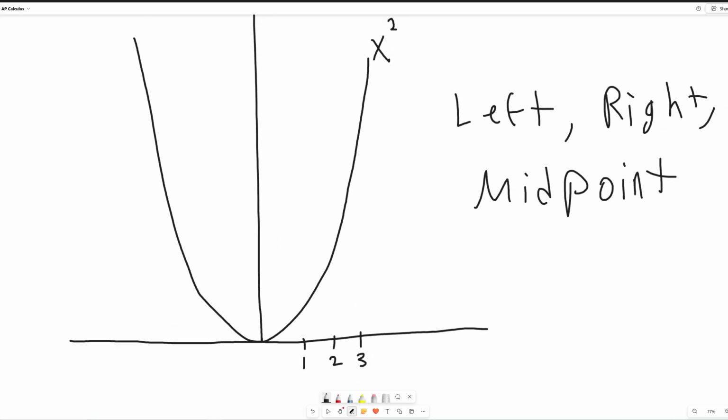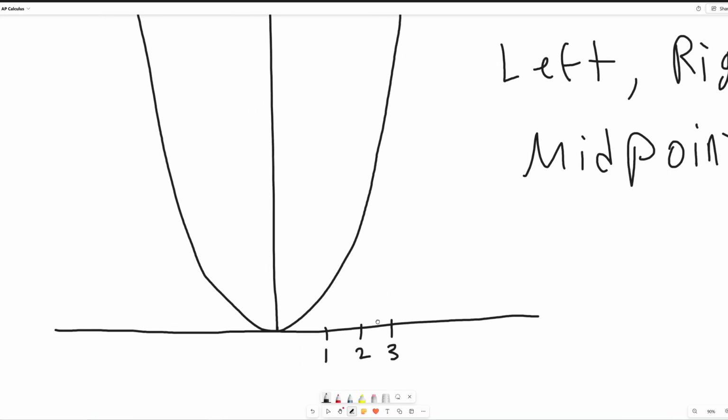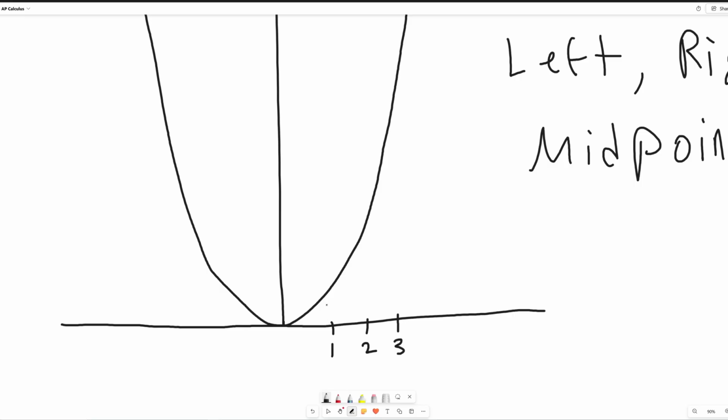So what do these all look like? Well, a left Riemann sum will have the left corner of the rectangle on the function. What do I mean by rectangle? Well, if you wanted to approximate the area under here, you could draw little rectangles underneath it, and this would partially give you the area under the function.